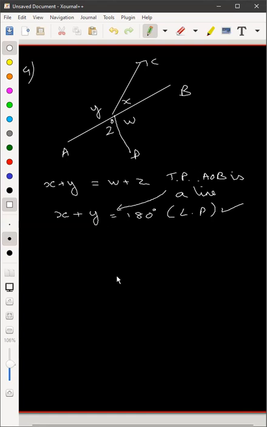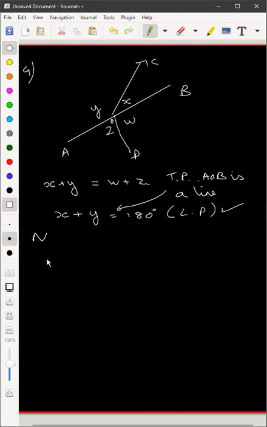Because remember one of the axioms we did, that if two angles add up to 180 degrees, then the two angles make up a line, right?